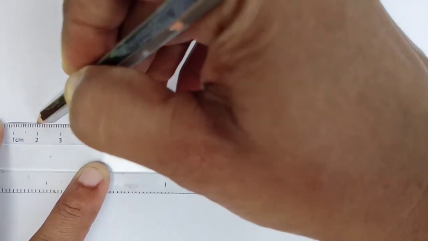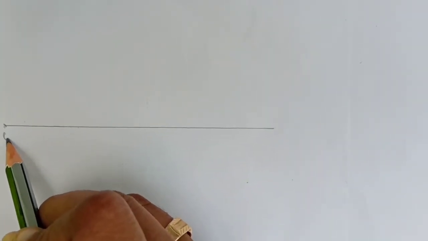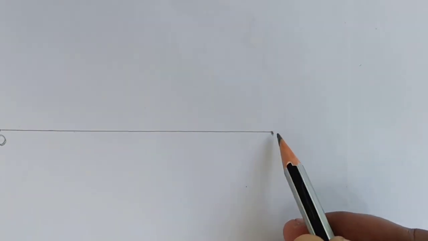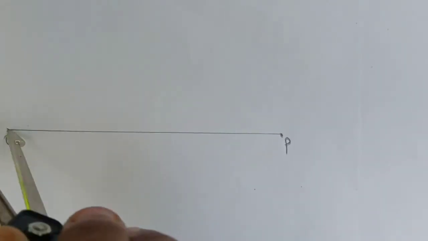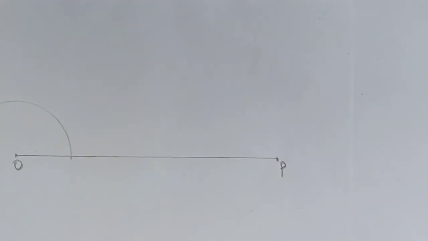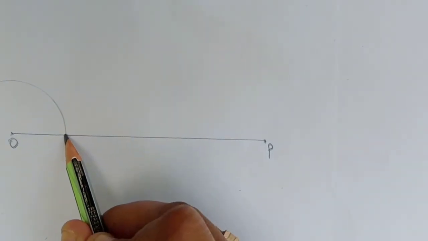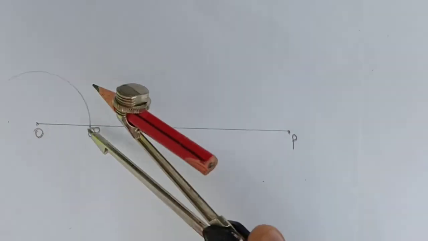Draw a line segment of convenient length and label the endpoints as O and P. By using the compass and taking any convenient radius, with O as center, draw an arc and label the point Q on OP.